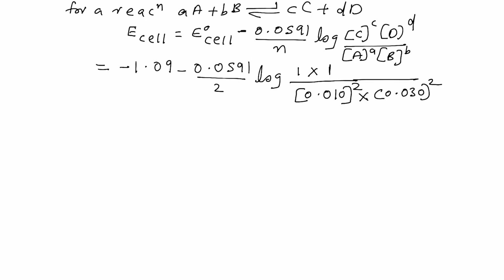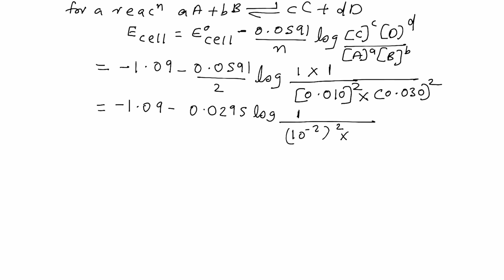Okay, on calculating, it will be like minus 1.09 minus 0.0591 by 2 is what? It will be 0.0295 log 1 by. Okay, now see here, what you will get? 0.01 means 10 raised to minus 2 whole square, right? Into, see here 0.03 means 3 into 10 raised to minus 2 whole square, right?